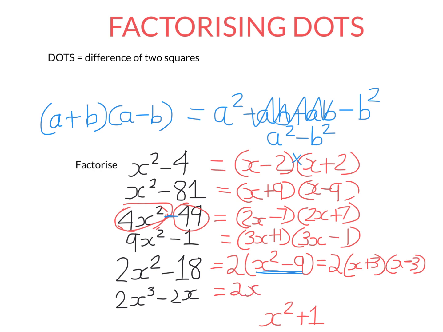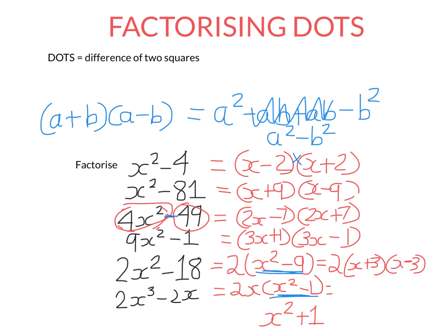So what do I multiply by 2x to get 2x cubed? Well, lucky from doing index laws, you know that that's x squared. You need to multiply x by x squared to get x cubed. What do I multiply by 2x to get negative 2x? Well, that's just negative 1. So once again, after taking out the common factor, we have difference of two squares.